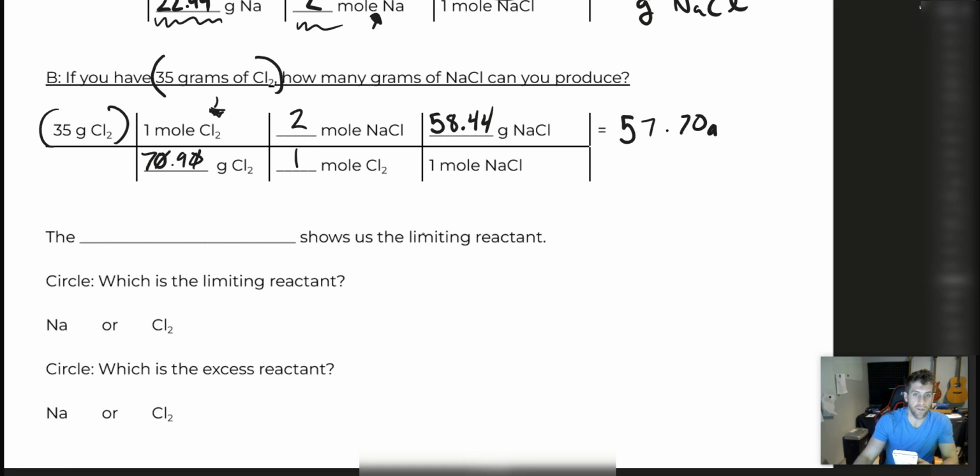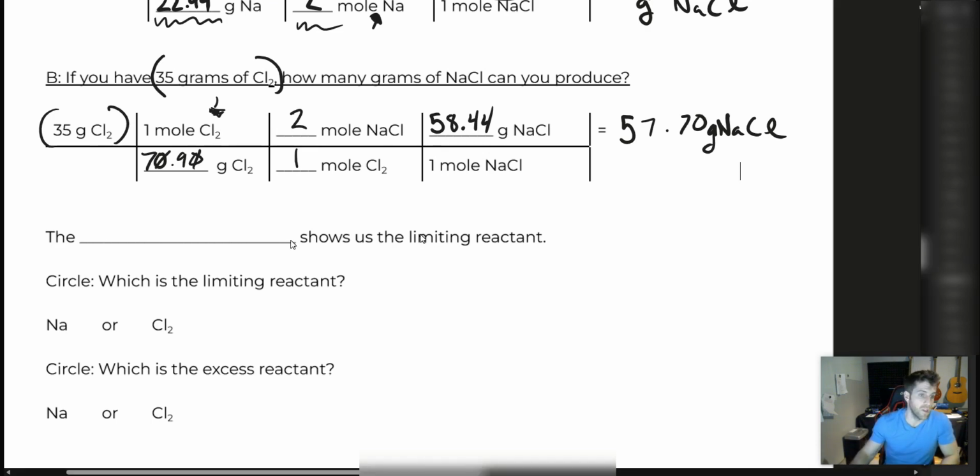And that's going to be grams of NaCl. So we're recognizing that due to how many grams of chlorine we have been given, we are unable to make more than a mole of sodium chloride. In fact, it limits how much in 1 mole we have.